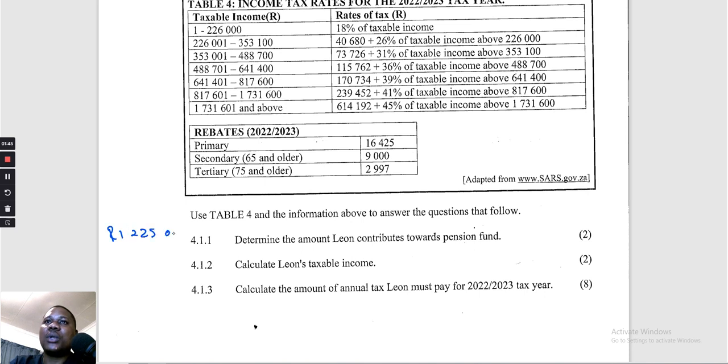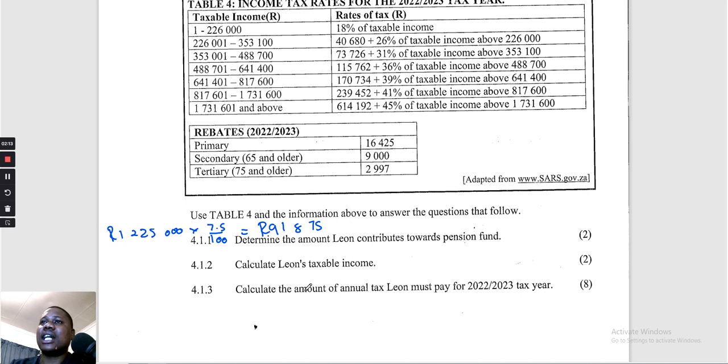So we're going to multiply this 1,225,000 by 7.5 over 100. And it gives me that Leon contributes 91,875 rand toward the pension fund.